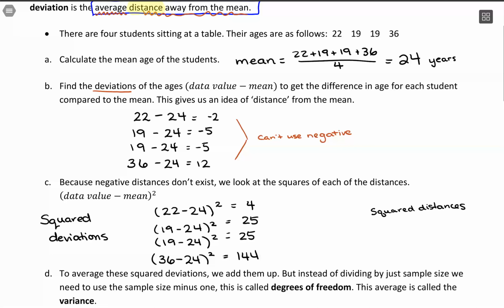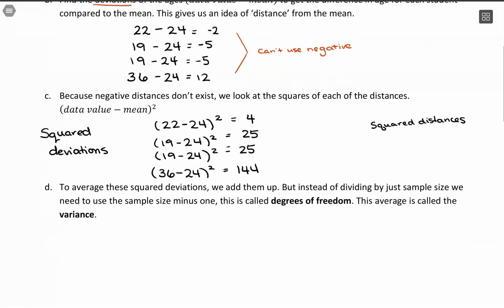So before we take care of these squares, our next piece is to think about average. We want to average the distances. In this case, we're going to end up averaging the squared distances.